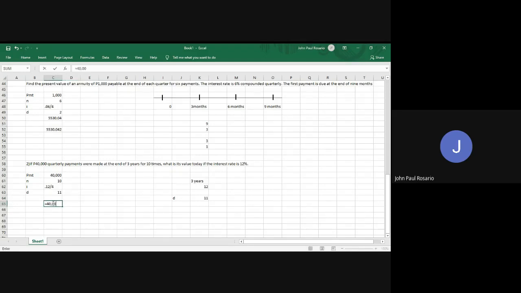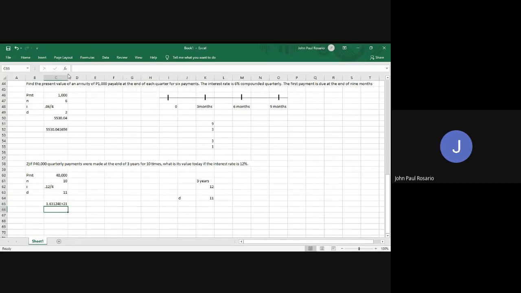So, that's 40,000 multiplied by 1 minus 1 plus 0.12 over 4 raised to the power of negative 10, and then over 0.12 over 4 times 1 plus 0.12 over 4 raised to the power of negative 11.